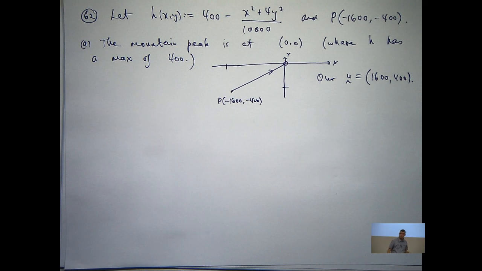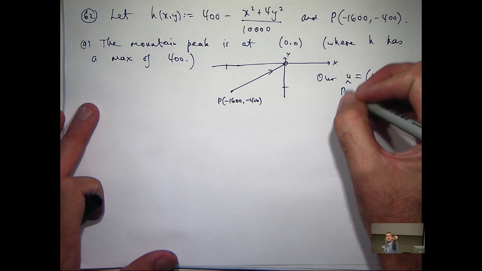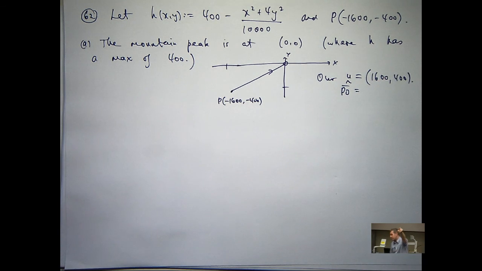If you're worried about that, just work out the vector PO. So this is just the vector PO. Okay? So is that a unit vector? No. So we'll have to make it a unit vector. We're going to get some messy values here.